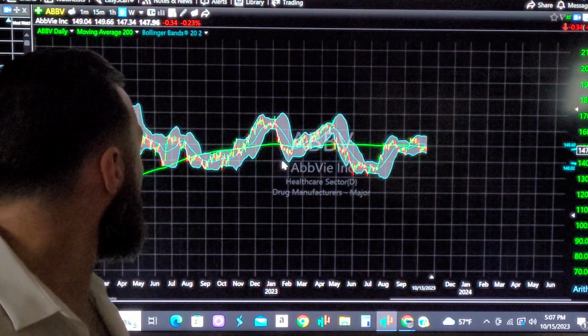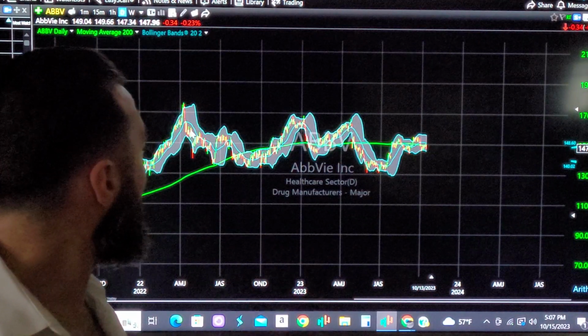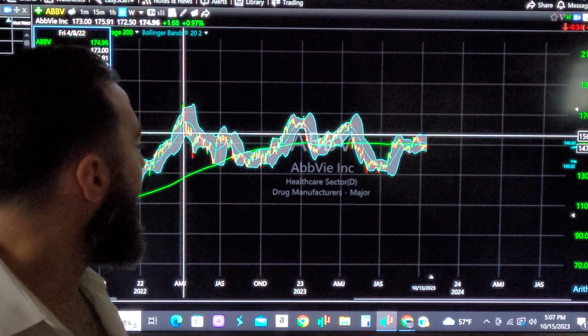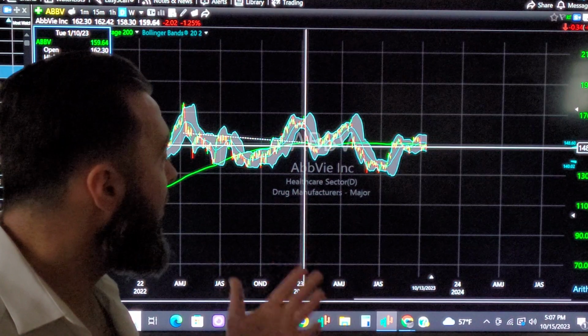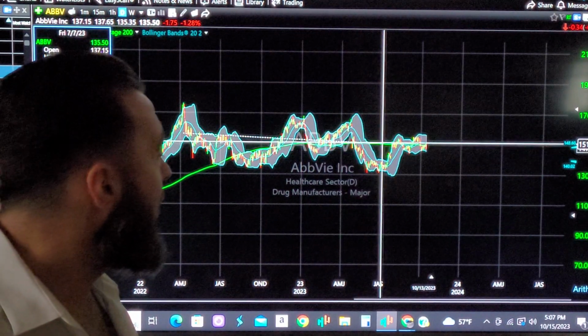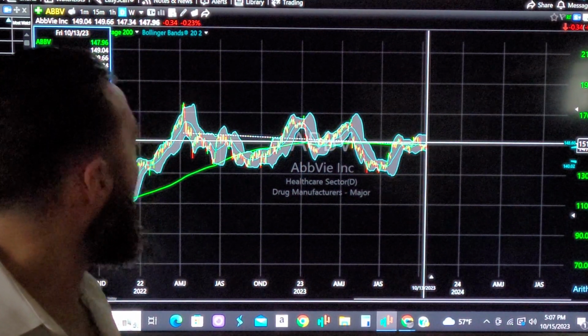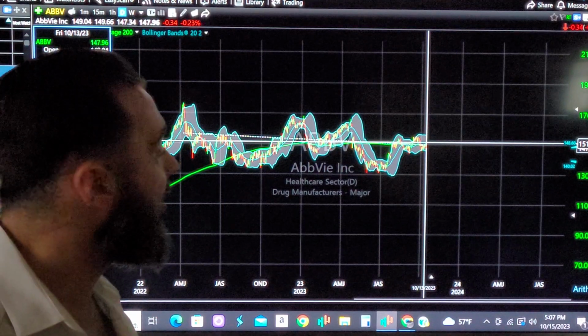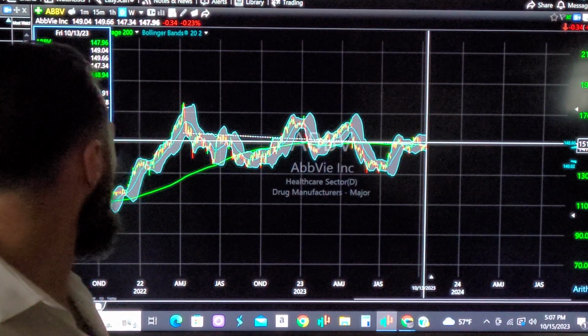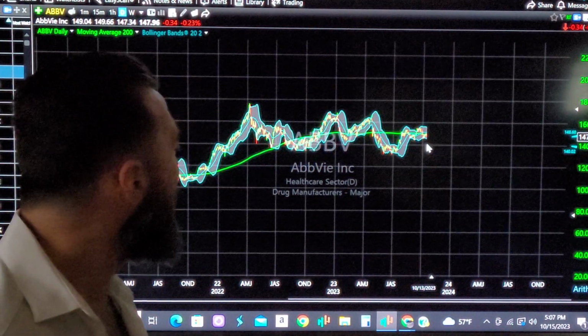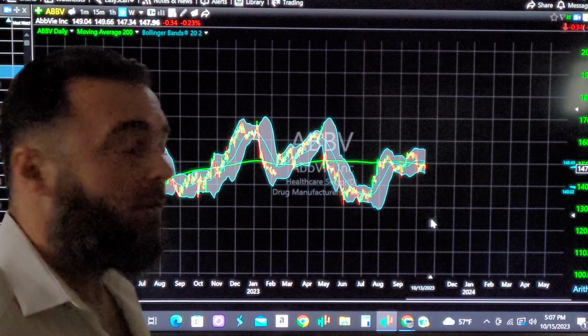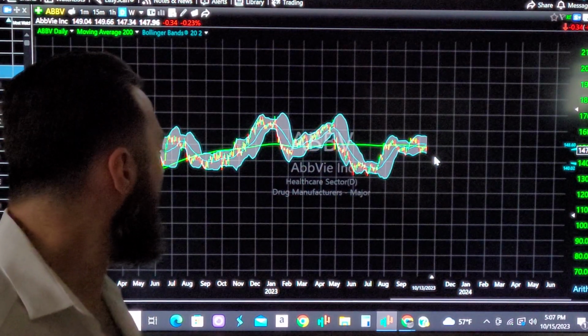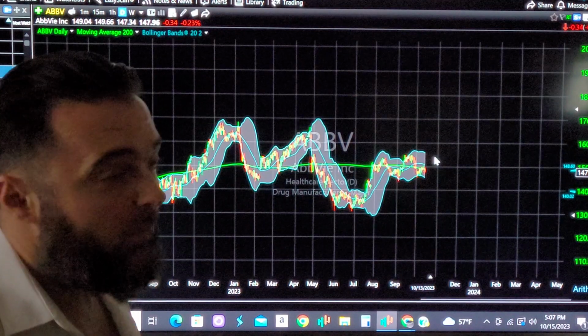All right. Now here, this probably pays 5% dividends. It's a healthcare stock that probably pays close to 5%. Last I checked, it was probably 4 something. But over the last year and a half, it's done nothing for your money, besides pay you dividends. And if that's what you're investing in, that's fine.